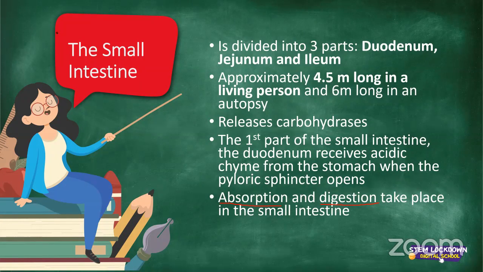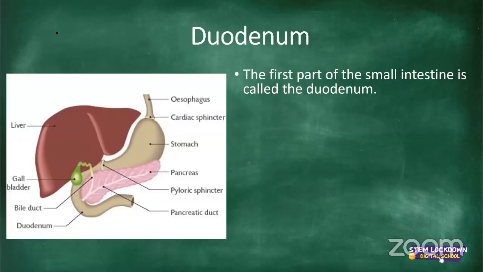Right, now let's look at the first part. The first part of the small intestine, as mentioned, is the duodenum. Yesterday we dealt with the chyme that would be mixed here in the stomach. Now this needs to move into your duodenum. If you can just follow with me on the picture.